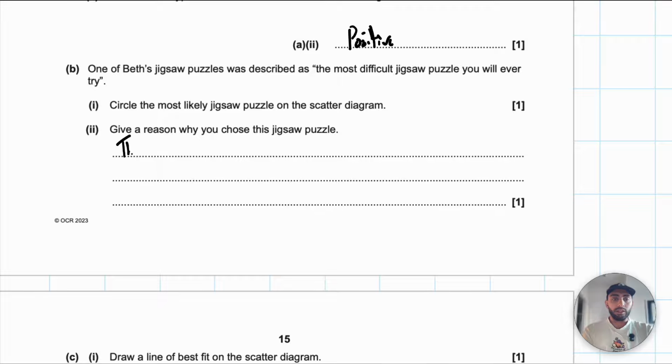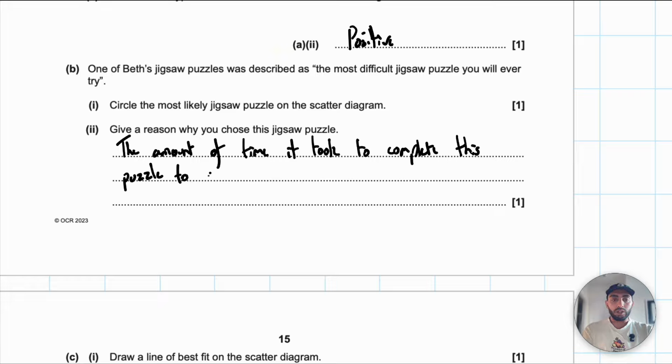So we can write the amount of time it took to complete this puzzle compared to other puzzles with similar amount of pieces is much higher.